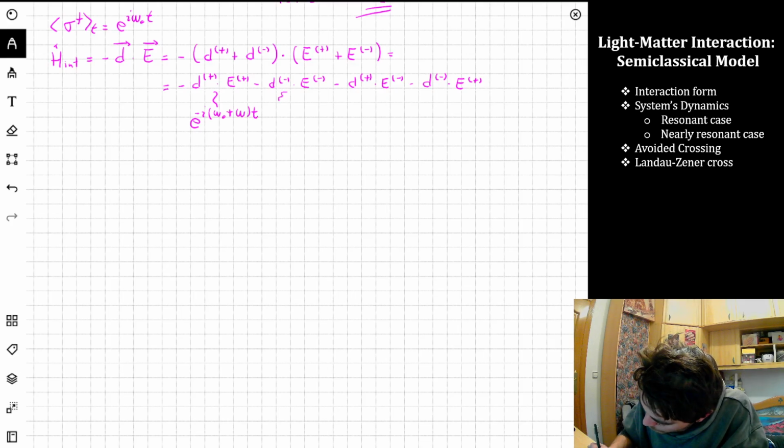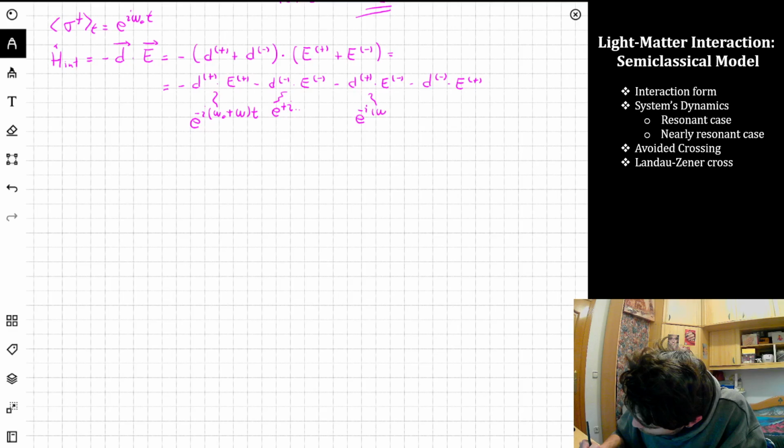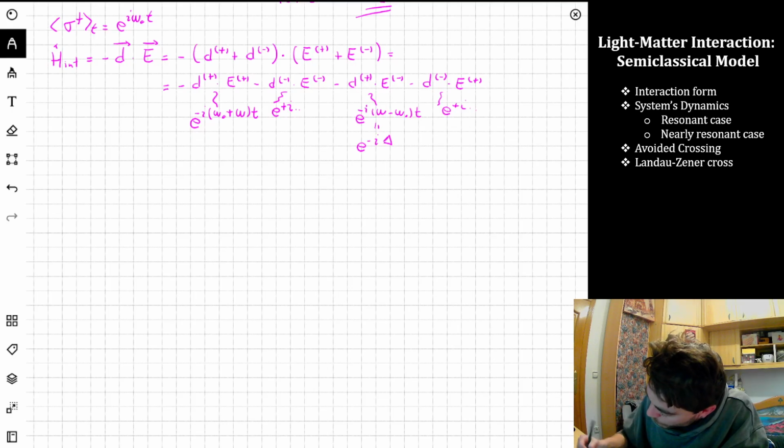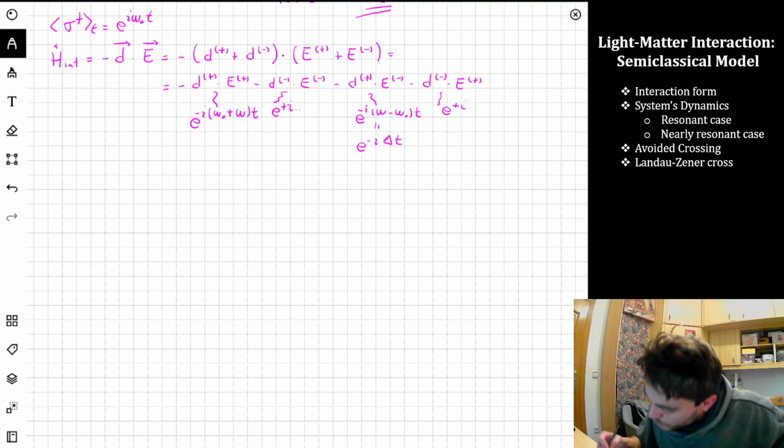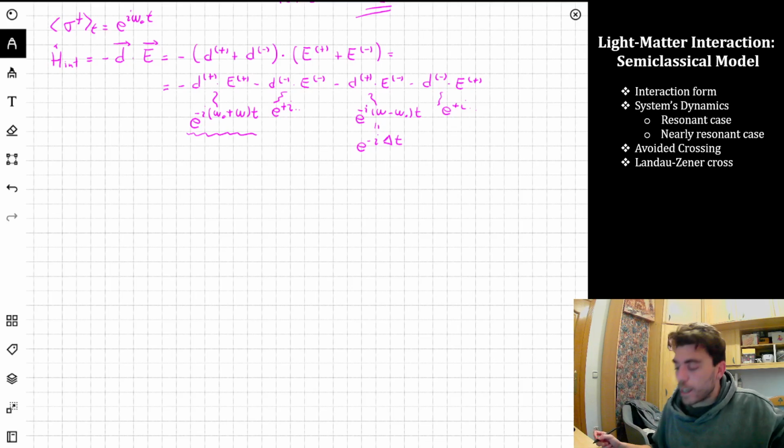And the same is the case with this, but e to the plus I. While these ones will go at the difference, will go as minus I, omega minus omega 0 t, and this would go the same but with plus I. And this is just e to the minus I delta t, the detuning, which is the difference in frequency between the two.